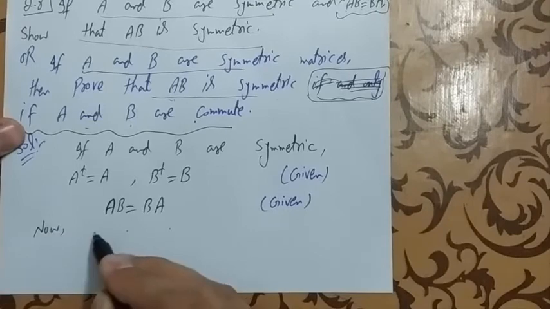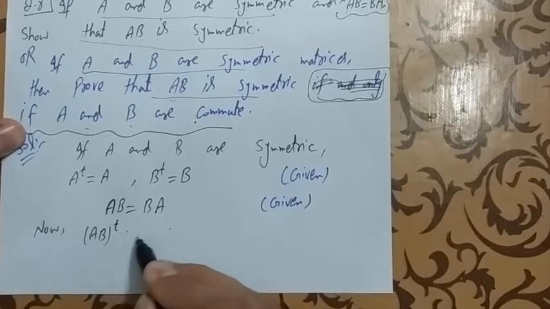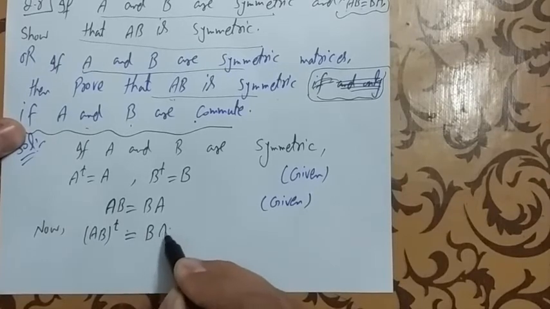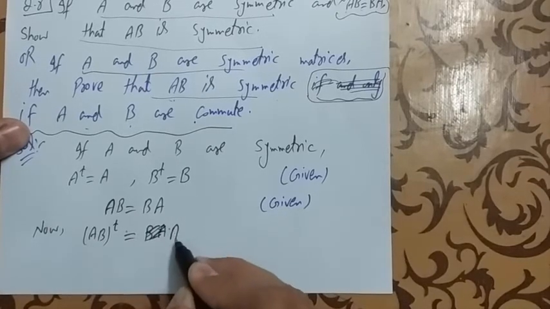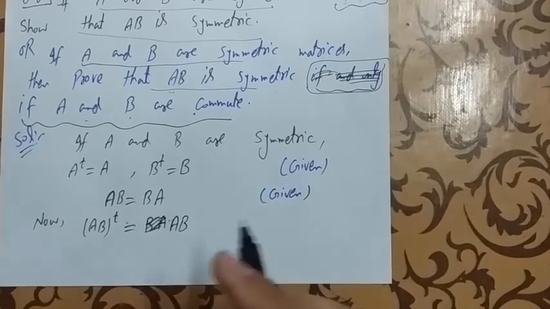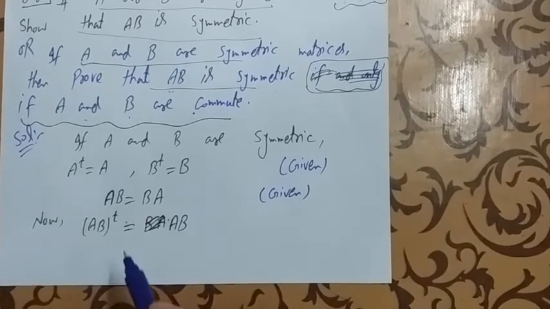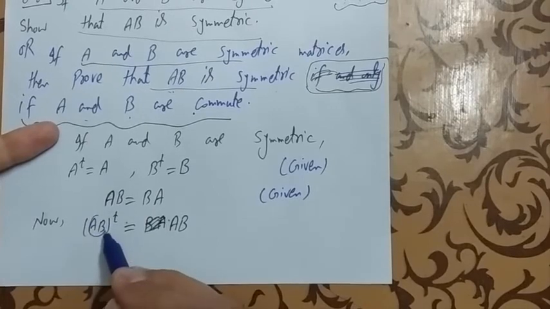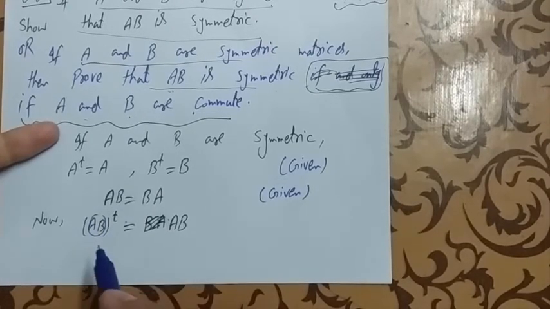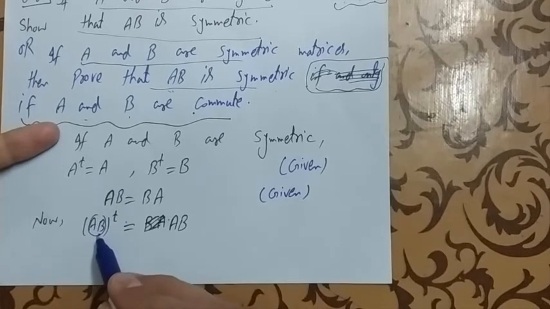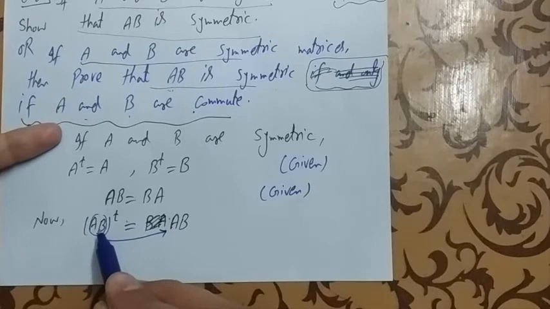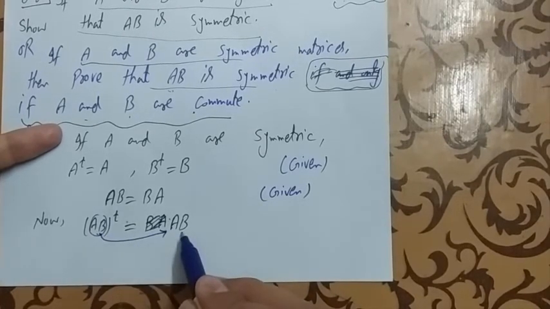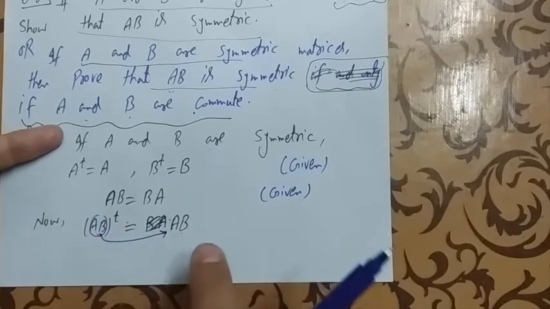Now AB transpose should equal AB, because students, to prove the symmetry of a matrix, we take the transpose of the matrix and its result should be the same as the matrix. So we prove AB transpose is equal to AB.